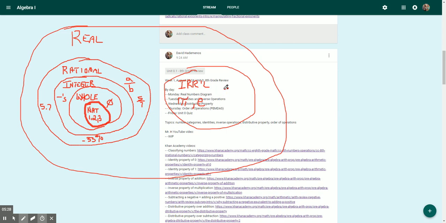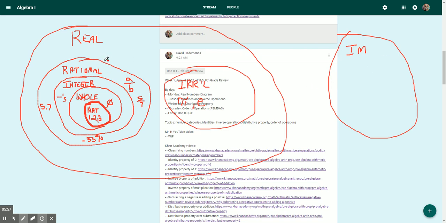Several grades ago, you might have estimated pi as 22 over 7. Now that is rational, but it's not actually pi, it's just an estimation for it. And then I think towards the end of this year, or perhaps early in Algebra 2, we'll also learn about a set of numbers called imaginary numbers, and those are outside of the real numbers.